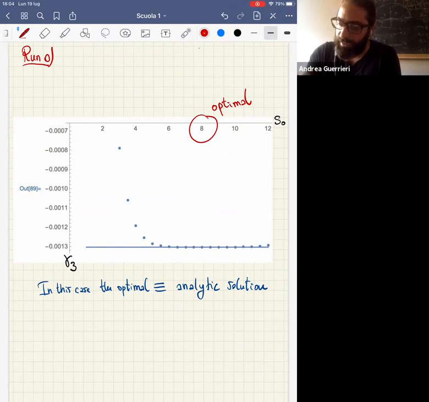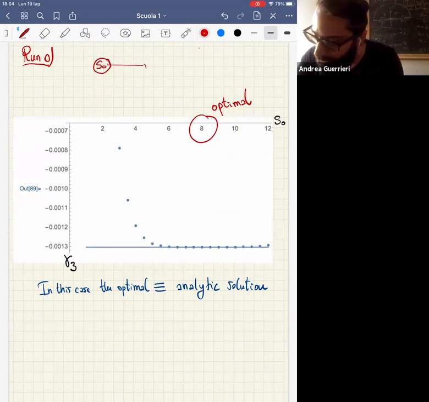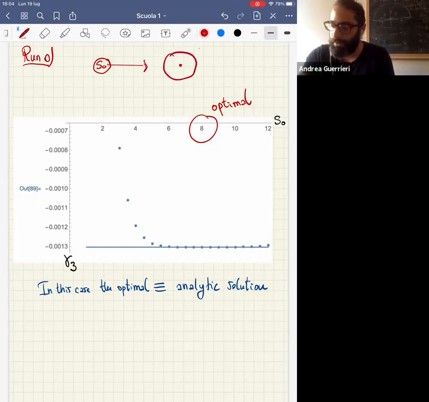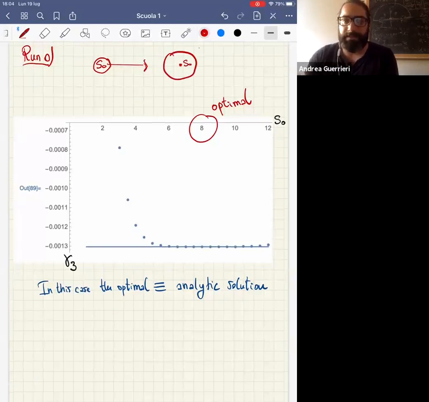I remind you again, S0 is the center of the conformal mapping, so it's the one that is mapped to the origin of the unit disk. So this is where S0 goes. Here I'm studying the minimum value of gamma 3 as I change this centering, S0.